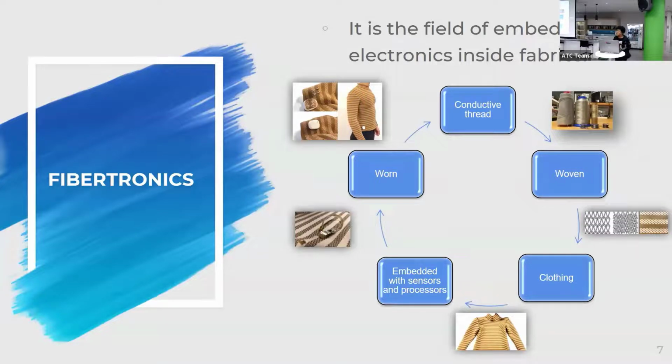So here I have a cycle that explains what happens exactly when a fabric is woven into being a smart textile. Here we have connective threads that are manufactured in some companies, and then this thread is woven or knitted, and then we have a sweater that is made, and afterwards the iron strips, which are the sensors, are inserted inside the layers of the fabric, and then you can just wear your sweater.